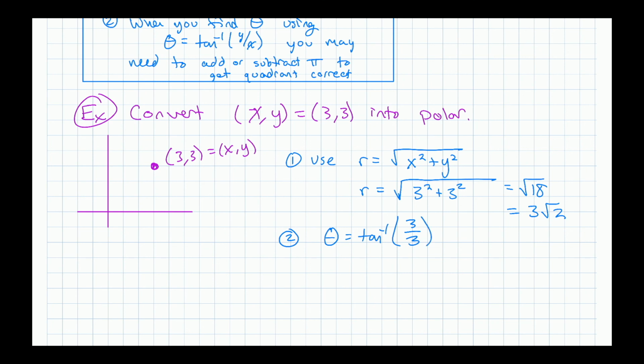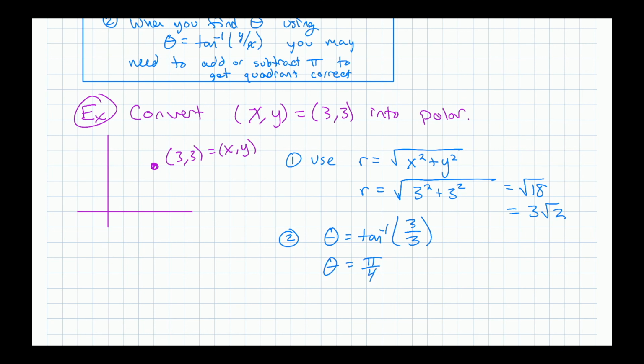That's what you need to calculate. Again, you can use a calculator if you're in degree mode, but you can use Wolfram Alpha as well. I'm just going to use my calculator here. So inverse tangent of 3 over 3, which is 1, so inverse tangent of 1, and it tells me that theta is pi over 4.